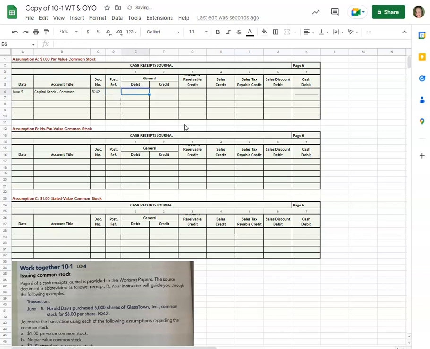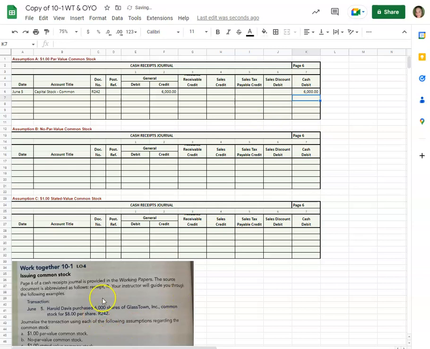And then our general credit will be for 6,000 shares at $1 par value, which is $6,000, right? 6,000 times $1 is 6,000. And our cash debit will also be $6,000.